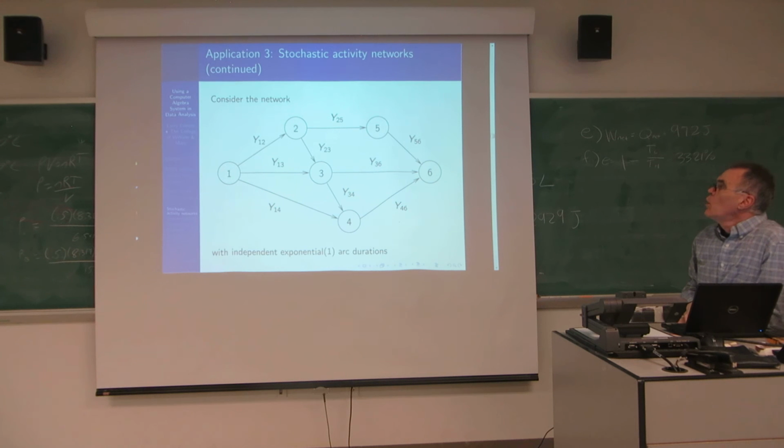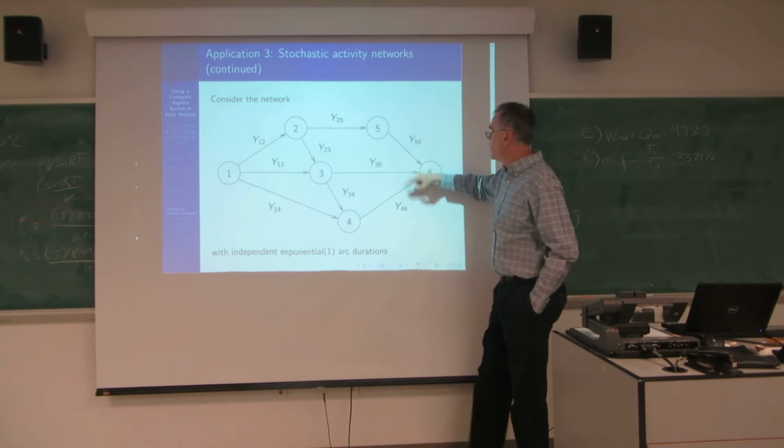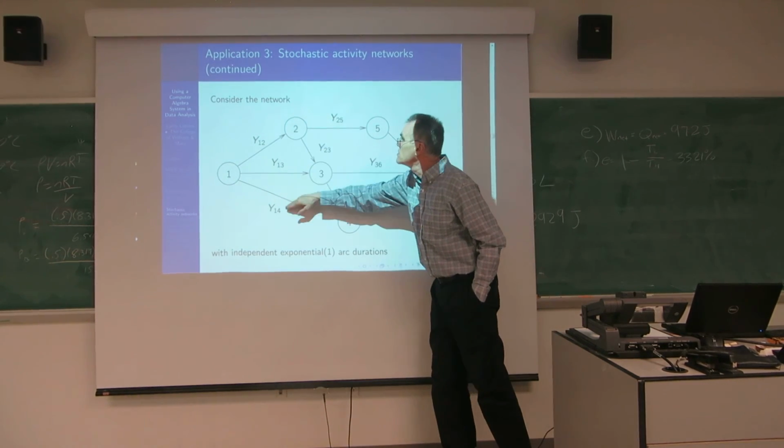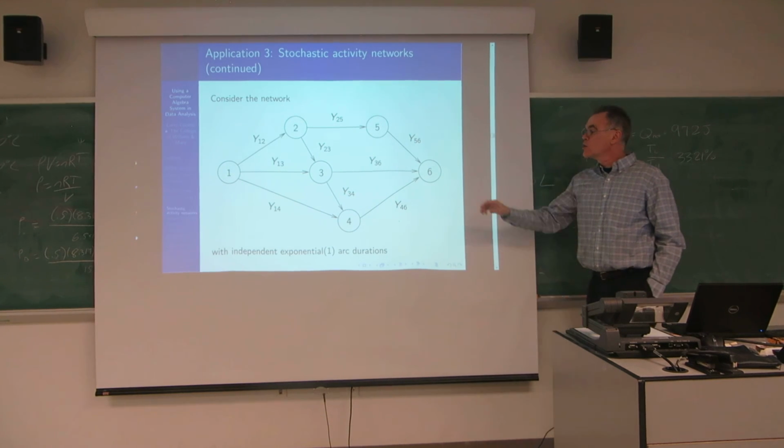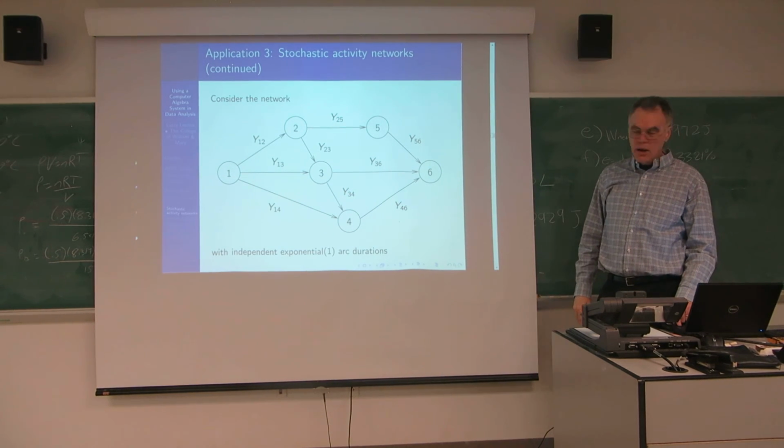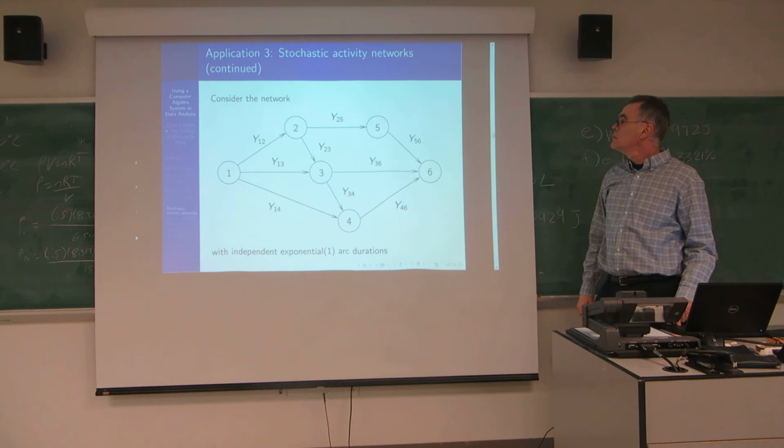And so here's a somewhat bigger network. This may be the one that I showed you originally or something close to that. Let's assume that we have exponential 1 arc durations on all of those arcs. So let's count them. You got 1, 2, 3, 4, 5, 6, 7, 8, 9. You got 9 arcs. They all have exponential 1 arc durations.